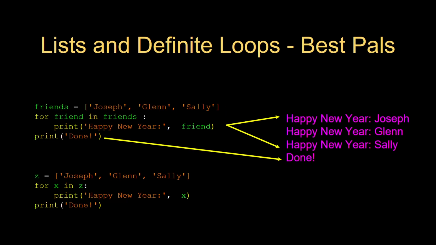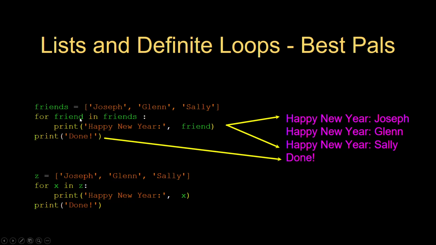If we have a list of strings, we can use the same for structure. For example, the list name is friends. We can say for friend in friends. This is the loop control variable. The list name is friends with an S at the end, but the variable right after the word for is friend.